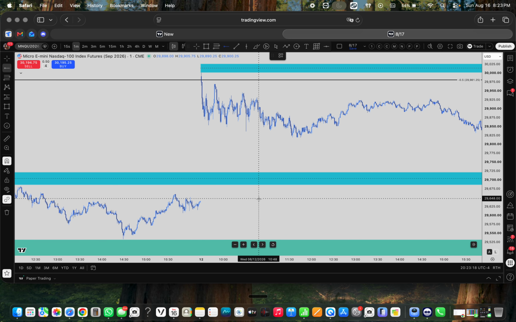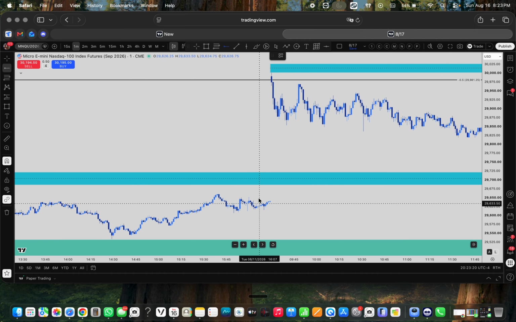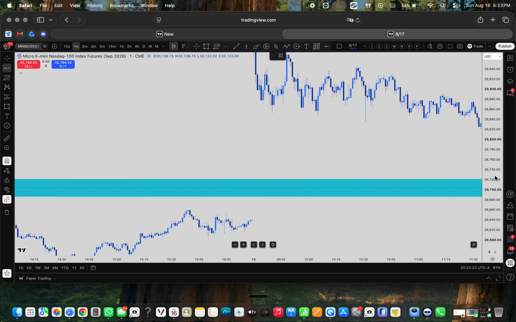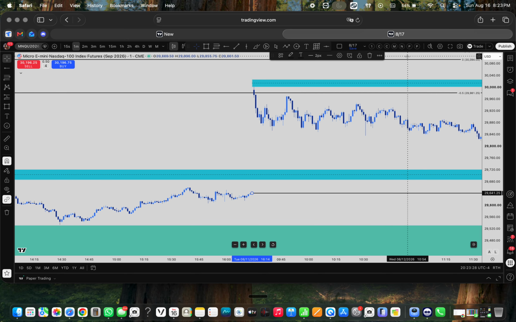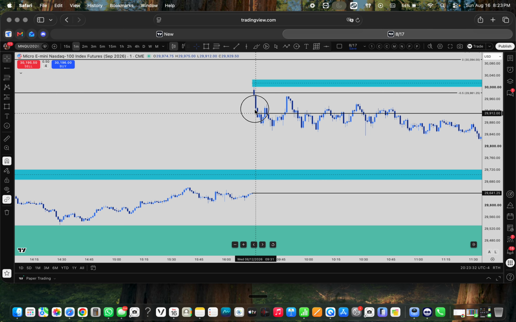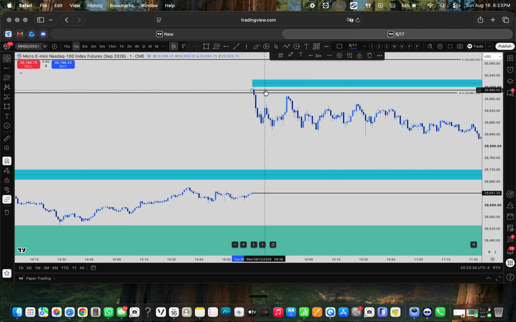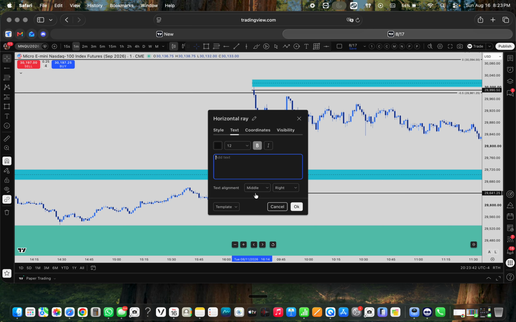And I like that, we're taught, even though these gaps happened days ago, months ago, they're still pertinent. So I'm going to clone that, put it for where price opened up over here. And then this is going to be, what is this? Tuesday to Wednesday. So this is 8/12 gap.